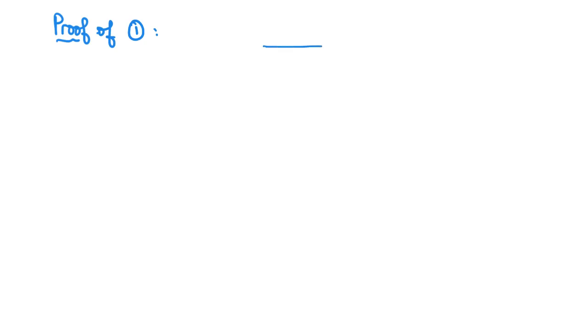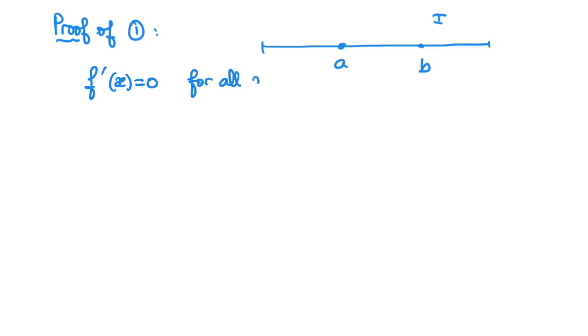So just imagine we have an interval I like this, and you take two numbers a and b on the interval, and we assume that the derivative of our function is equal to 0 for all x in the interval I. I want to prove that with this assumption, f is constant.